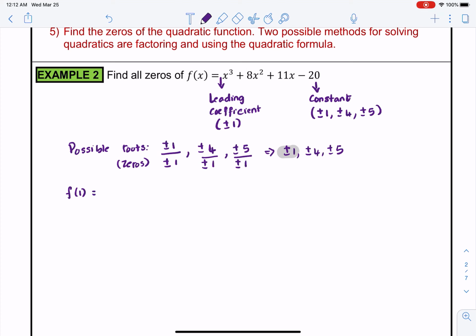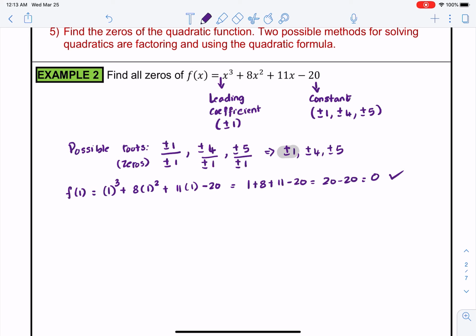So I'm going to plug in 1: 1 cubed plus 8 times 1 squared plus 11 times 1 minus 20. That would give me 1 plus 8 plus 11 minus 20, which is 20 minus 20, 0.